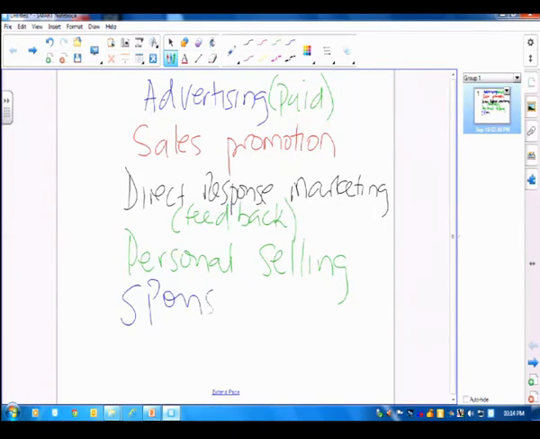You can also have others like sponsorship, where a company sponsors certain events in return for them to be able to get publicity. They build their public image because of that sponsorship. We do have companies like ABSA. ABSA sponsors the Currie Cup rugby.